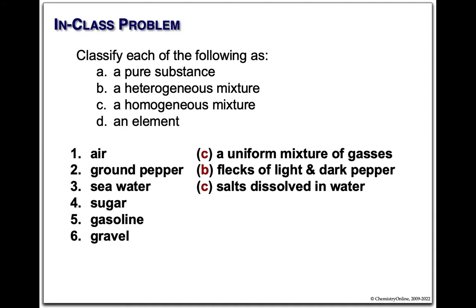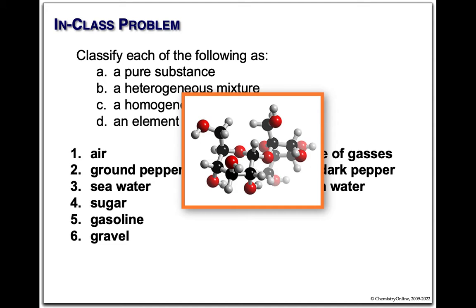Sugar. When we say sugar, it's a very general term. This is table sugar, sucrose it's called. This is the molecular model of it. We will do molecular models on Wednesday, but this is called ball and stick because it's little balls and sticks.